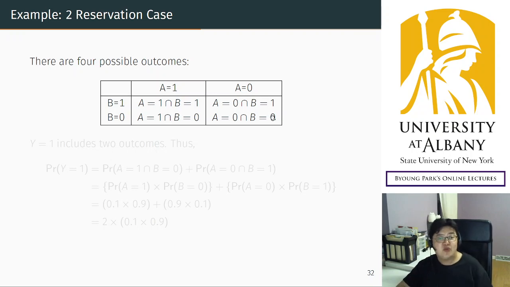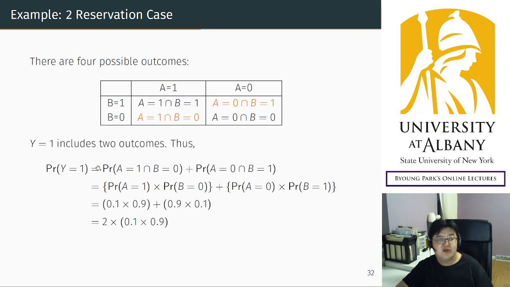Now you have to think about what we are looking for. The event we are interested in, number of cancellations equals 1, includes these two outcomes. This event includes two outcomes here and here. Because only one is cancelled, that means it can be A or it can be B. There are two different outcomes.